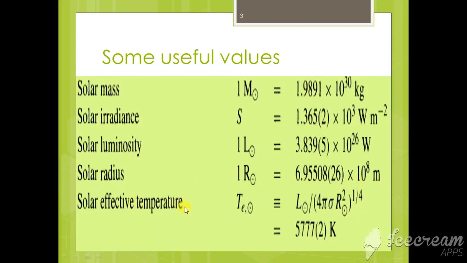Solar effective temperature of the surface is represented by this formula using Stefan Boltzmann law: T is equal to luminosity upon 4 pi sigma r square, power 1/4, and having the value 5777 Kelvin.